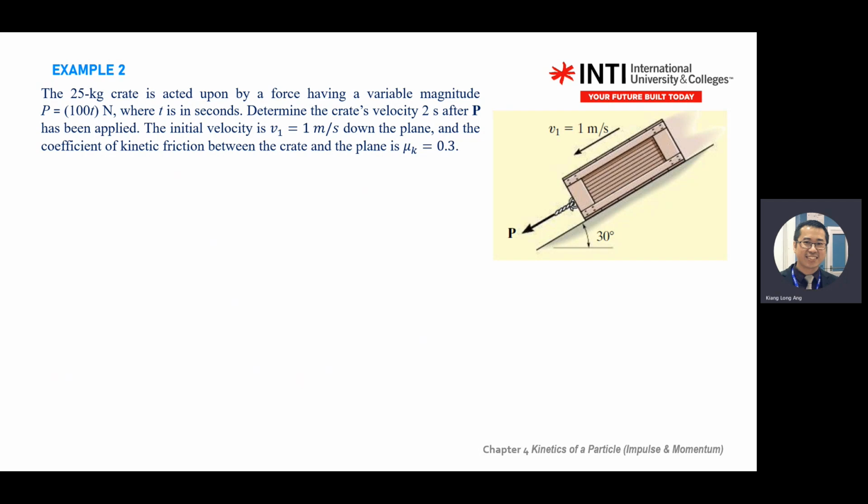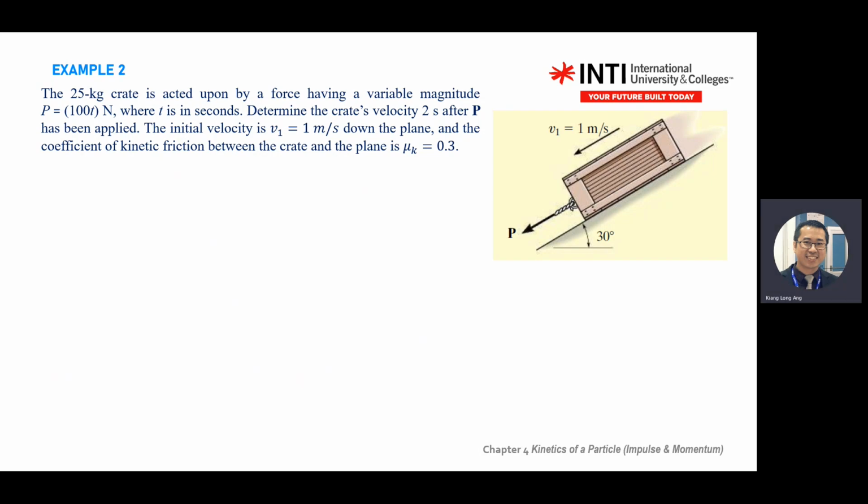You have a crate moving down from top to bottom on a 30-degree surface. Velocity 1 was given as 1 meter per second, and it was pulled by P. The P is changing with time, P equal to 100 t. Determine the crate velocity 2 seconds after P has been applied.